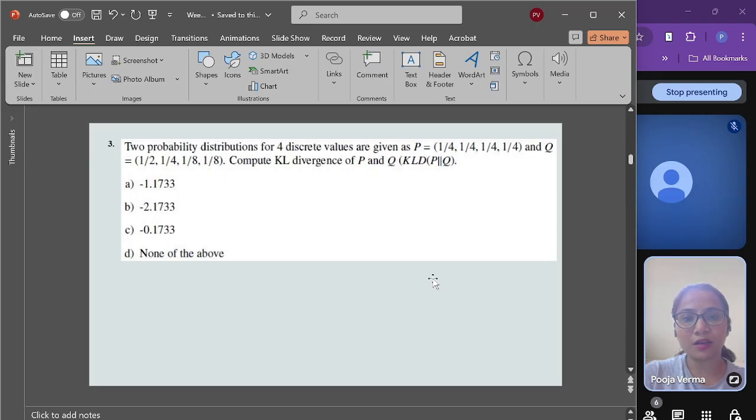Compute the KL divergence of P and Q, that is KLD of P with Q. So how can we calculate it, and what is KLD? The full form of KLD is Kullback-Leibler divergence. So how can we calculate it?